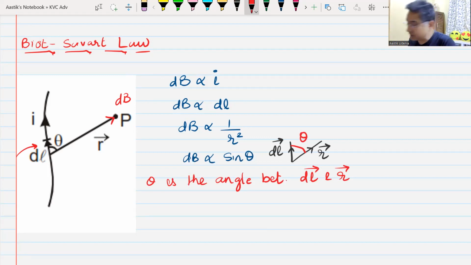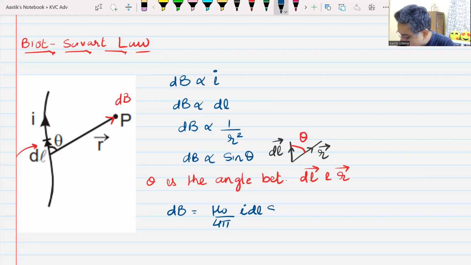If I put all of these things together, I will get the formula of magnetic field dB, the small magnetic field produced by the small current carrying element. One constant comes and no surprises. The constant is mu naught by 4 pi, I dl sine theta divided by r square.